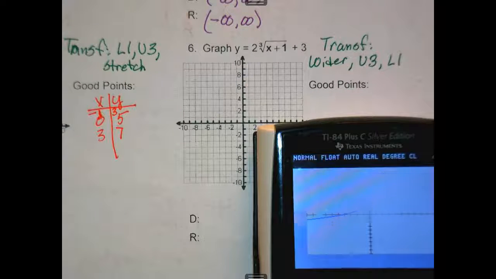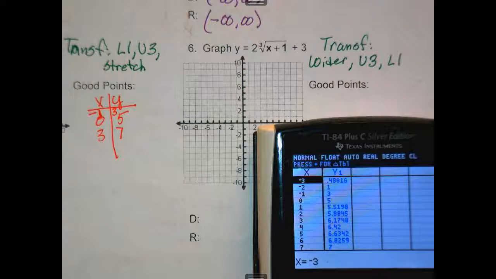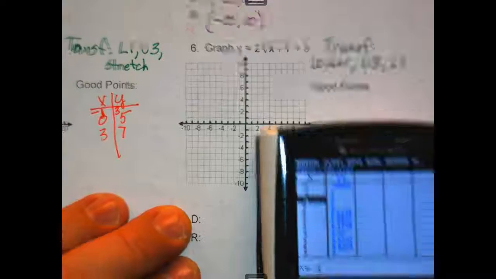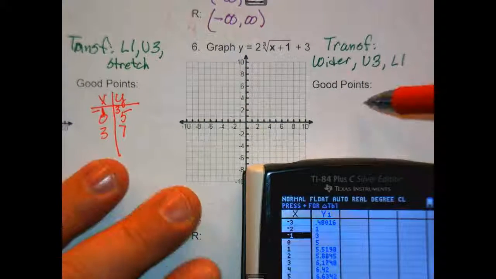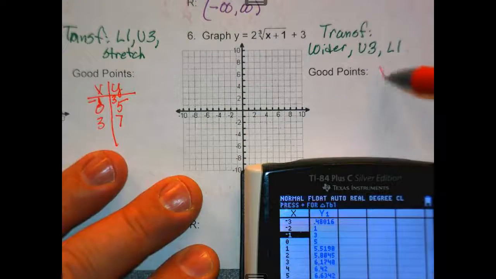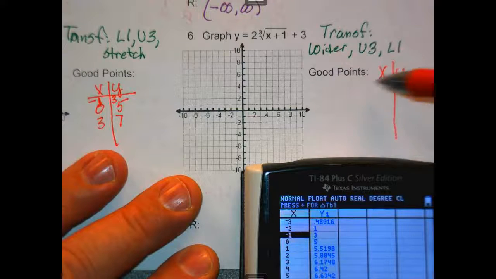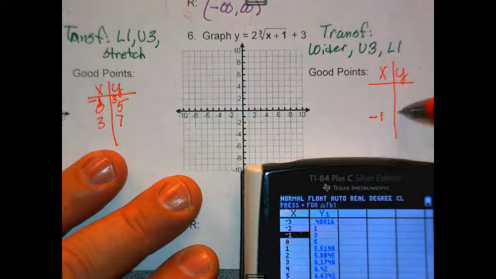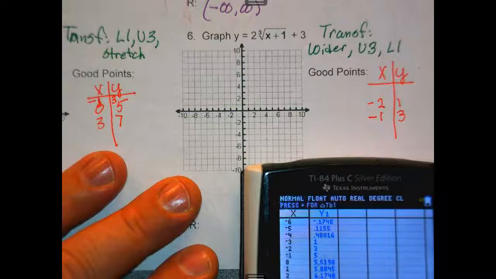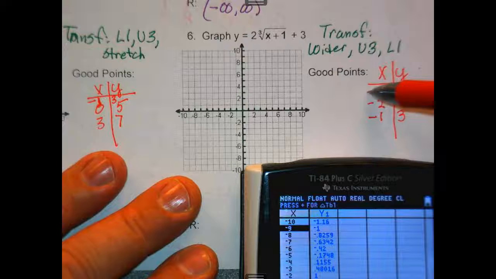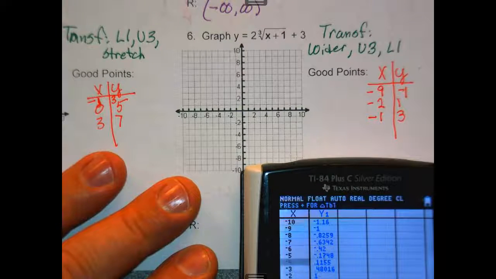Second graph, we need 5 points. Here's my 3 real close points right there. My HK is negative 1, 3. And I've got negative 2, 1. Let's try and pick up an outlier point. Yep, -9, -1. Then the other way, I'm expecting 2, 1.